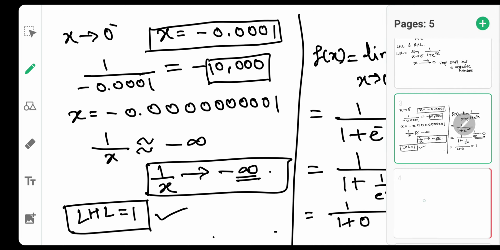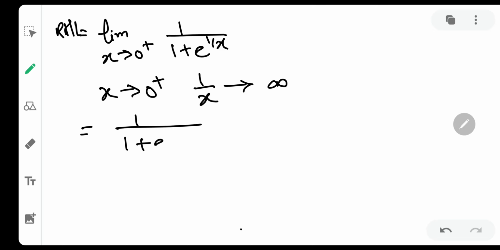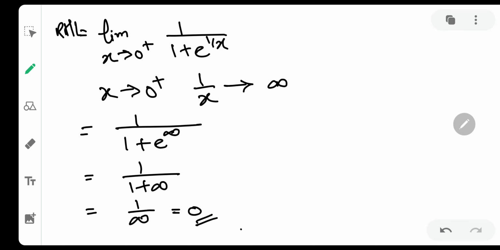Now let us try and calculate the RHL. So limit x tends to 0 plus of 1 upon 1 plus e raised to 1 by x. Now as x tends to 0 plus, 1 upon x will tend to infinity, which will be positive infinity. So our function will change to 1 upon 1 plus e raised to infinity, which will be equal to 1 upon 1 plus infinity. 1 plus infinity will be nothing but infinity, and your answer will be 0.